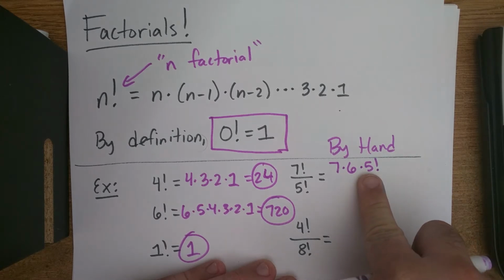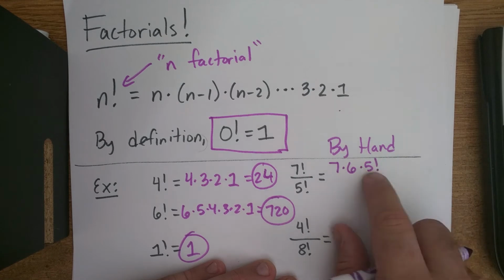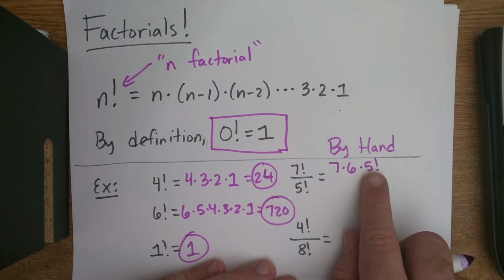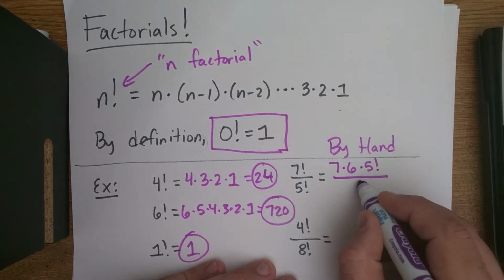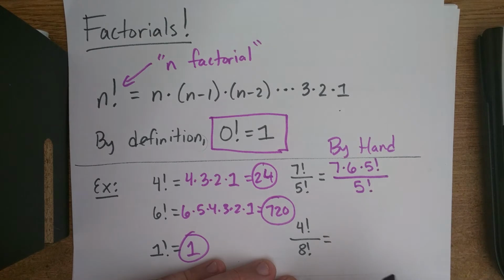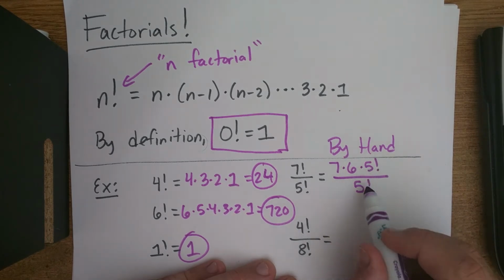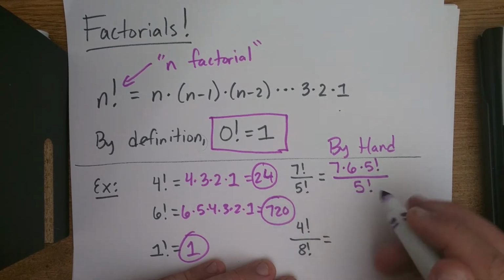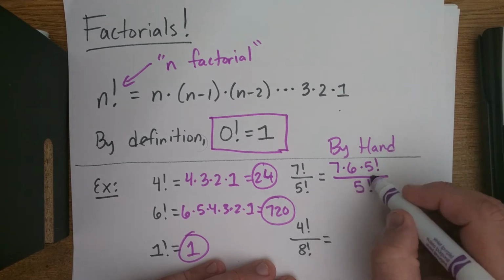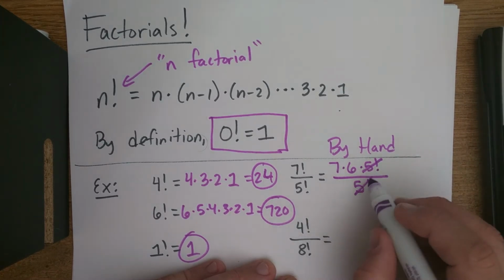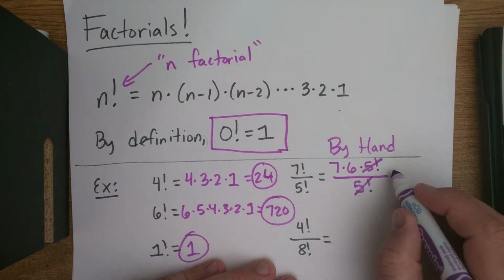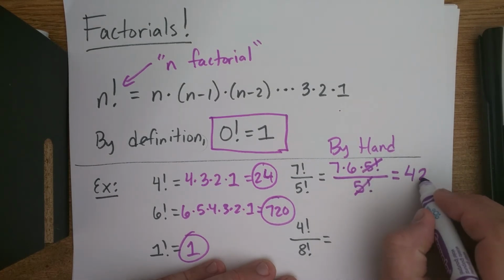Because 5 factorial is 5 times 4 times 3 times 2 times 1, so I don't need to expand the whole thing. But why would I stop at 5 factorial? Well, look at what's on the bottom. There's a 5 factorial on the bottom. So if I stop here and bring this over because it's still there, what do you think happens here? They cancel. They're gone. 7 times 6 is left over on top, which is 42.